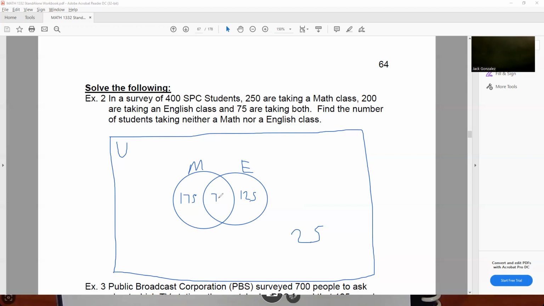And these guys would be doing both. So if I add each section, do I get 400? I think doing it this way makes more sense in my head. Adding all these, this is less than 400. So total 400.